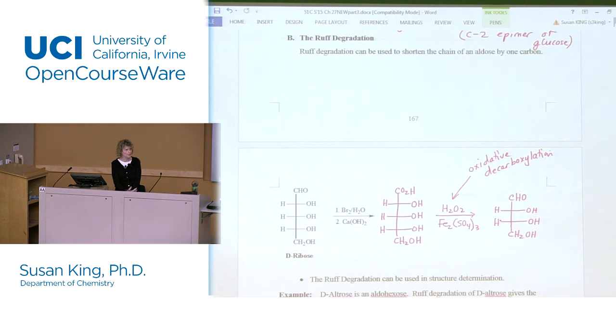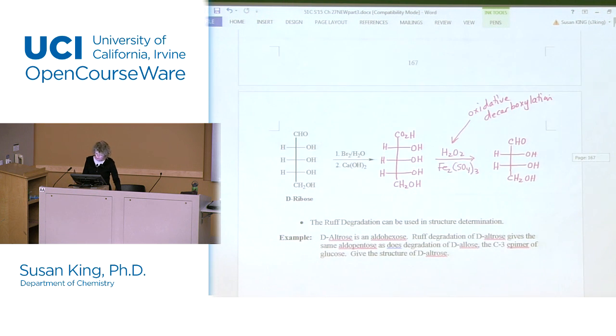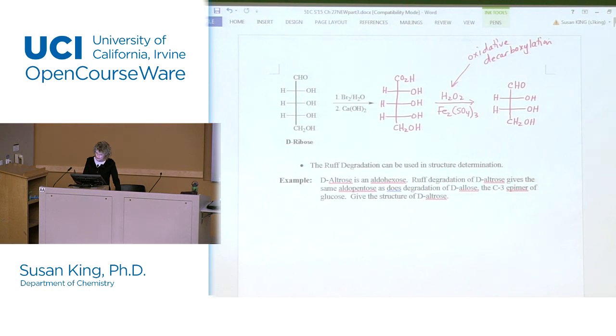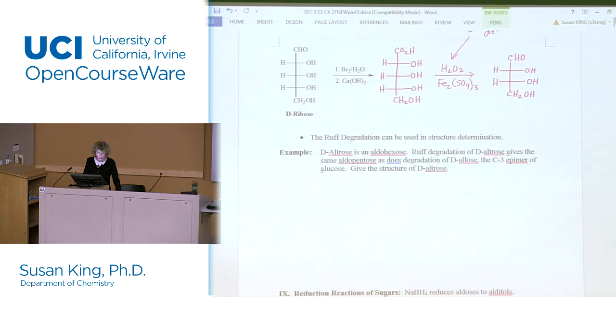We talked about in the beginning when we talked about D and L sugars, you can take a carbon off at a time until you get to the bottom. And that's how Fischer was able to assign configuration for L sugars and D sugars. All right, so the Ruff degradation can be used in structure determination. Here's an example here. And we'll see some more examples on the final review and maybe on the final.